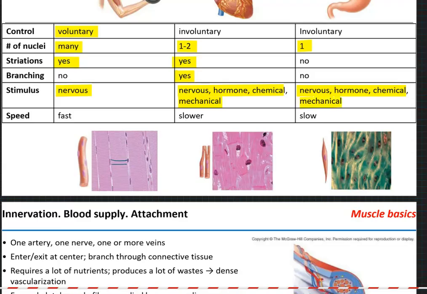These three muscle types also differ in how fast they contract. Skeletal muscles are the fastest. Cardiac muscle contracts slower, and the slowest of them is the smooth muscle.